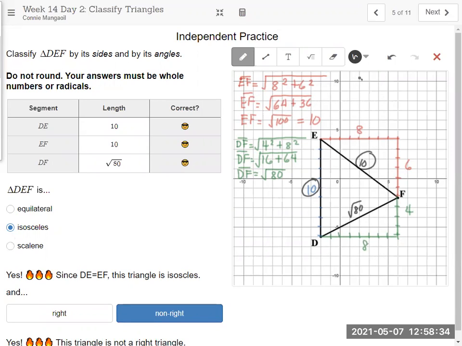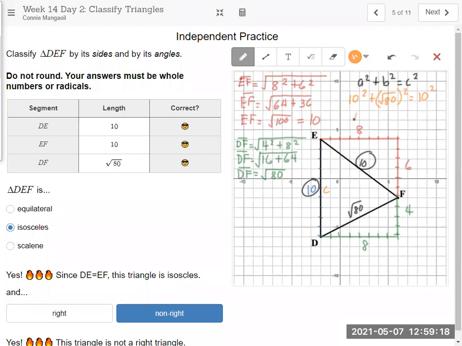Now, if you wish, you can try the Pythagorean theorem. So you have a squared plus b squared equals c squared. We'll take one of the longest sides as your C. So say your C here is this side, which is 10. So the other 2 sides would be your A and B. So you have 10 squared plus square root of 80 squared equals C, which is 10 squared.